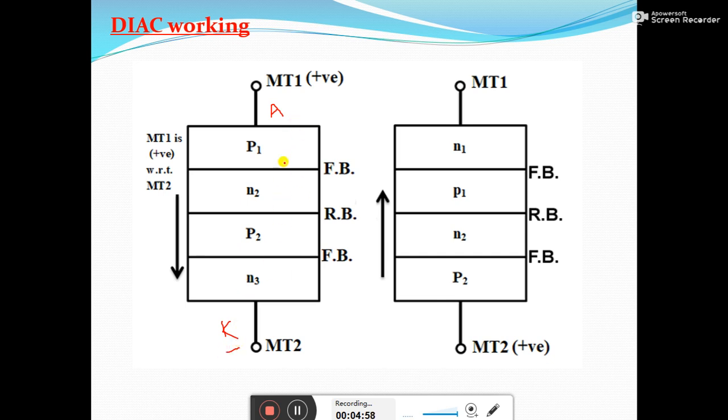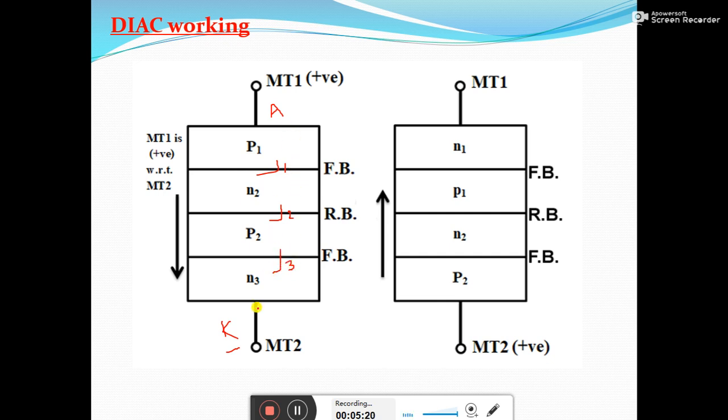I can say this diac behaves like an SCR in the forward biasing mode. This is the junction J1, this is the junction J2, and this is the junction J3.